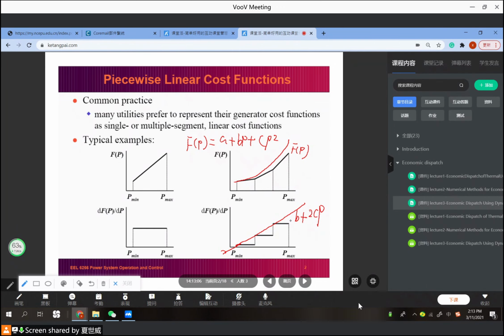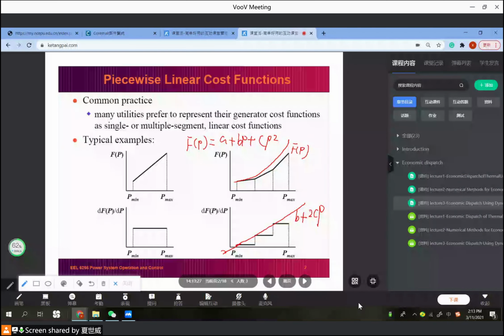So based on this, we have calculated the optimal solution by the lambda iteration method, gradient-based method, or Newton method. All these methods are based on the first order derivative. When we find the solution, the first order derivative of all the generators are equal.